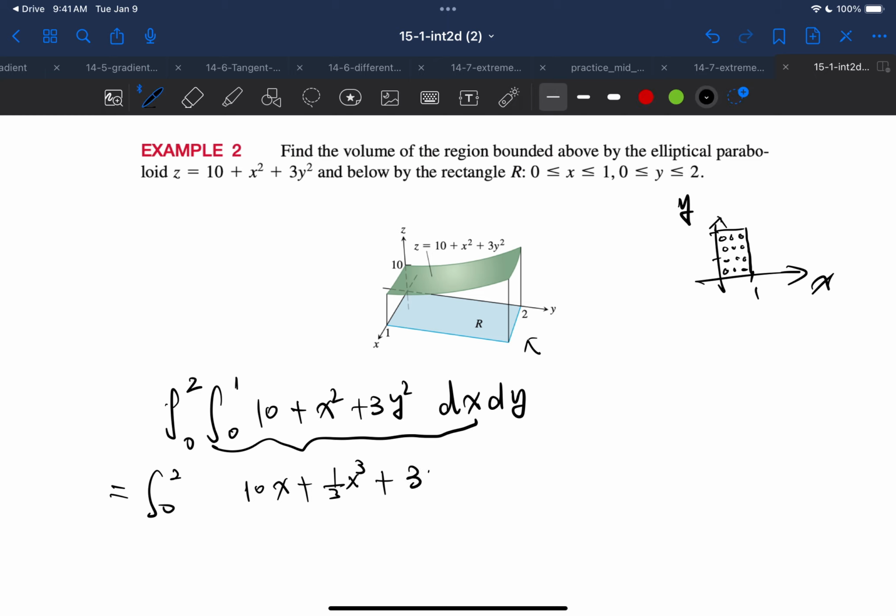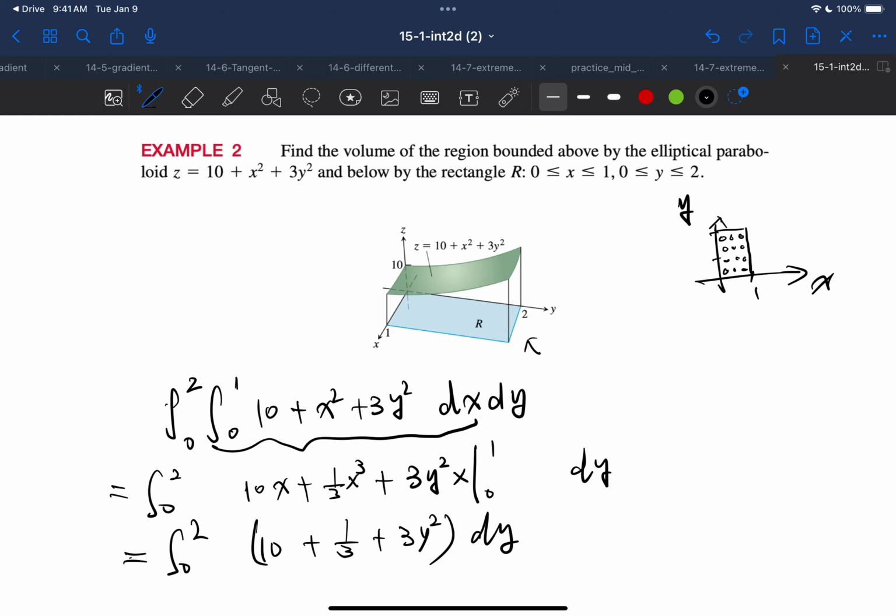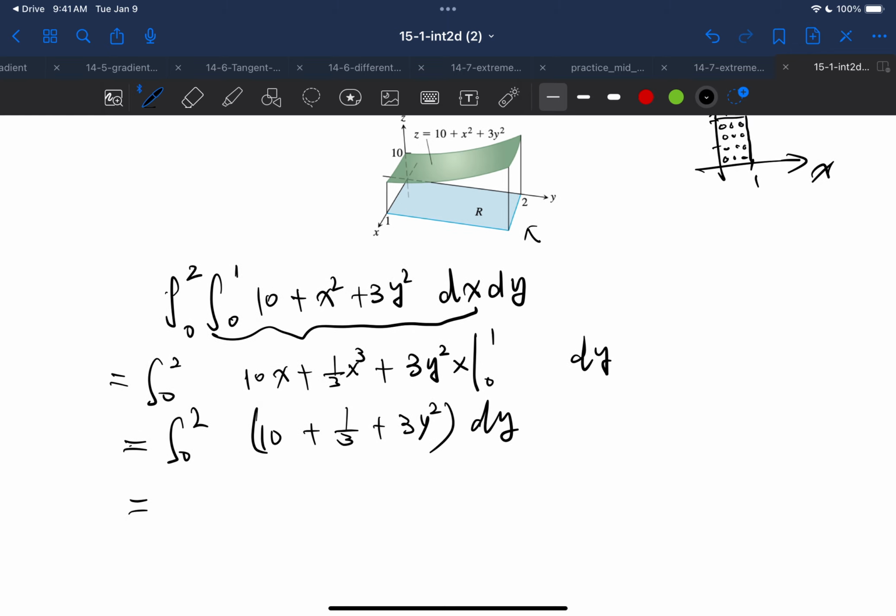So 3y squared x from 0 to 1, and then dy.